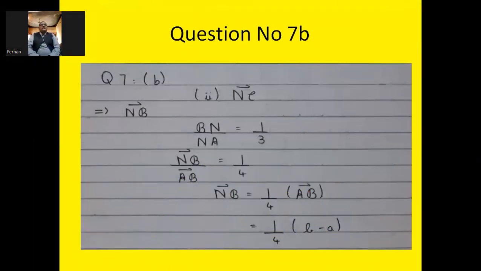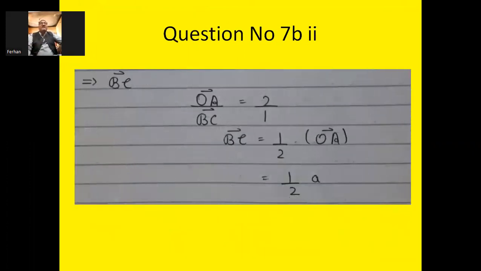So BN by NA is 1/3, so NB divided by AB will be 1/4. So NB will be 1/4 of AB. So NB, from N to B, will be 1/4 (b minus a).